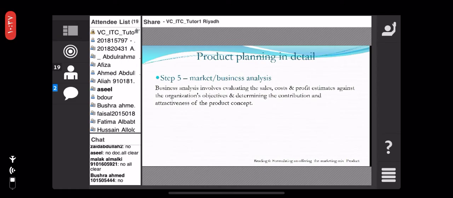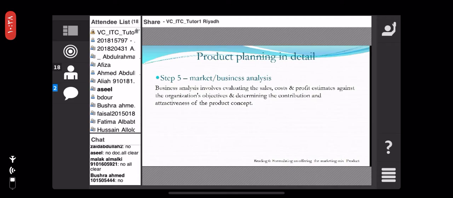Step 5 is market or business analysis. Business analysis involves evaluating the sales, costs, and profit estimates against the organization's objectives and determining the contribution and attractiveness of the product concept. Market or business analysis is basically to study the market or to study the business.